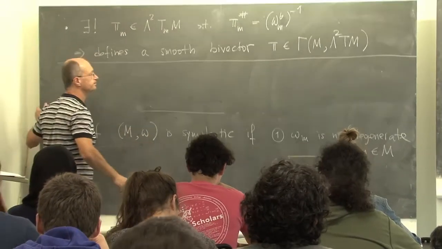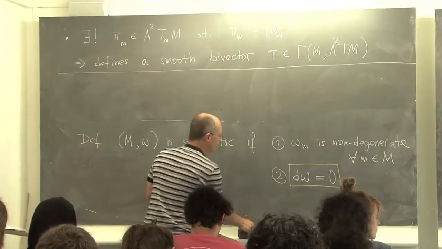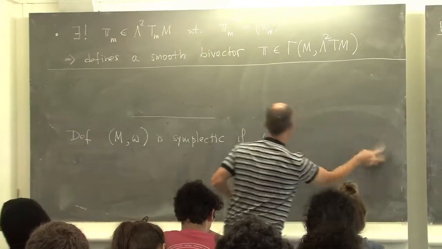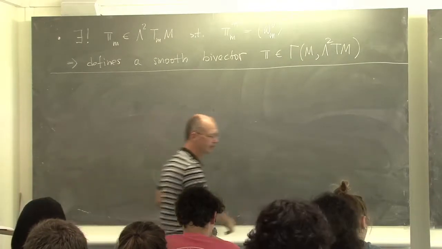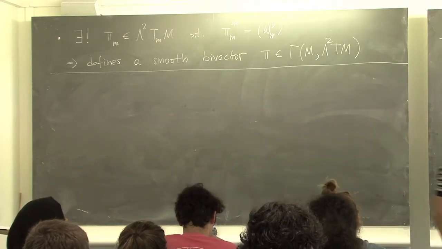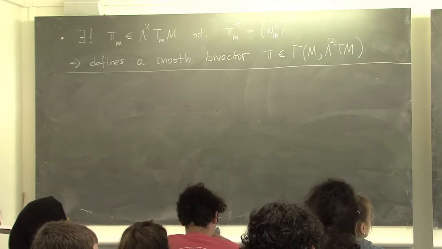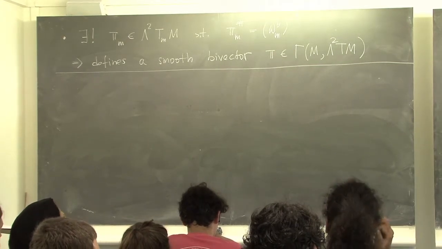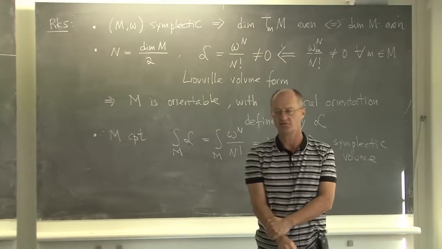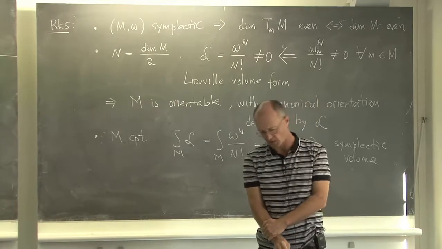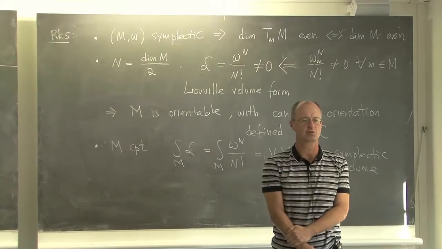Let me give one more definition. So we kind of defined a category, right? We have a category of symplectic manifolds. But at the moment, we only defined objects. The reasonable question is, what are the morphisms? And in fact, it's a more complicated issue than one may think.